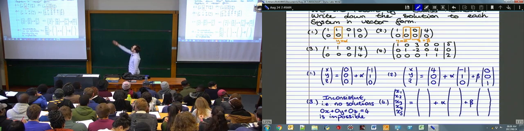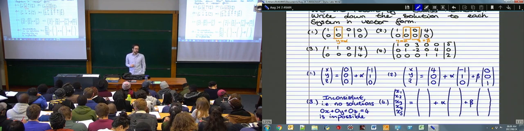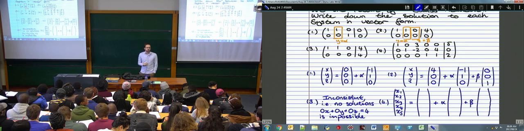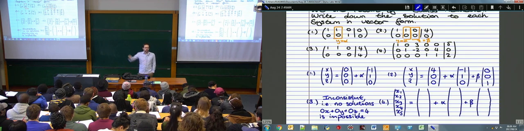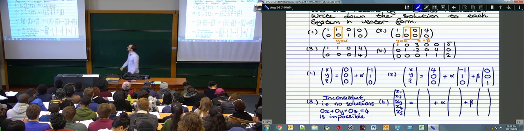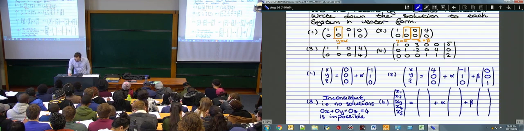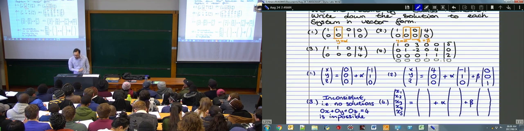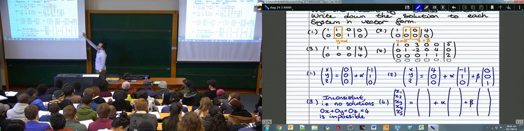Can we ignore that second row for question 2, because it's a row of all zeros? No, you would get z is equal to beta because you would still have 3 columns, and there still wouldn't be a pivot in the second or third column. So adding or removing rows here, if I just add a row of zeros to this equation, that doesn't change how many of those columns I have.